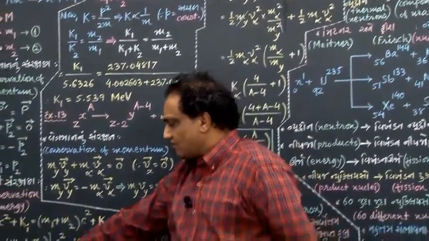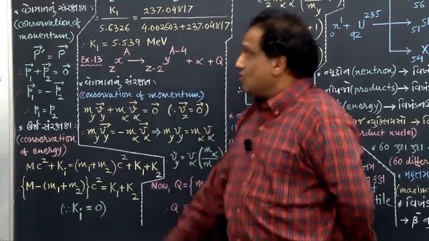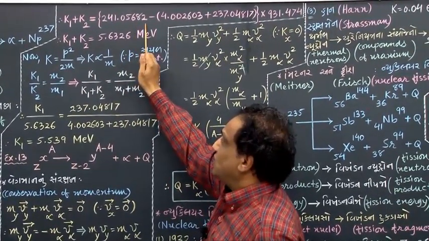Then I should write first of all here mass of americium nucleus, which is 241.05682.